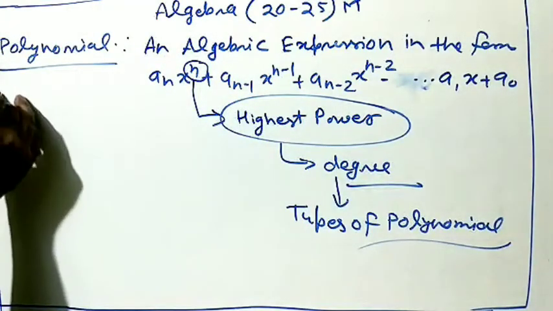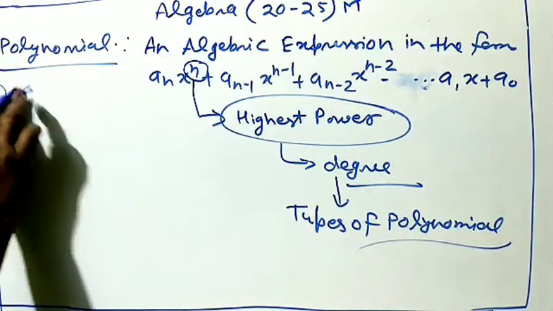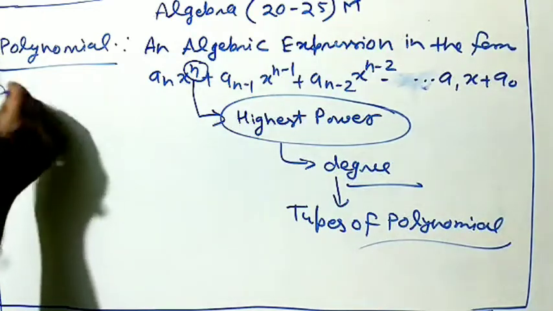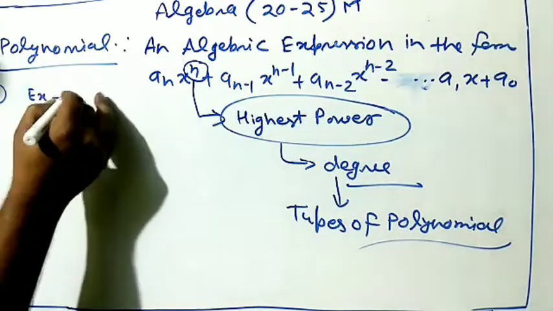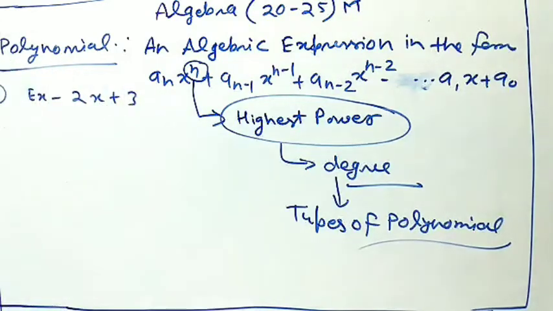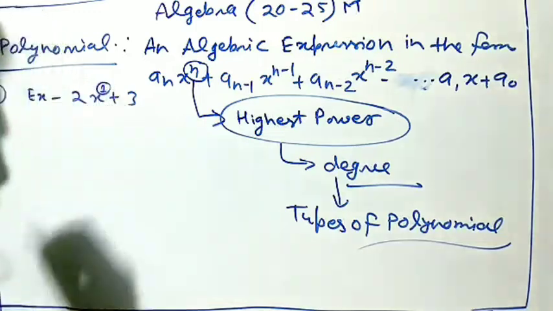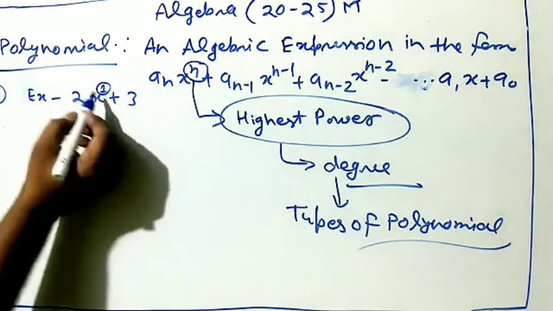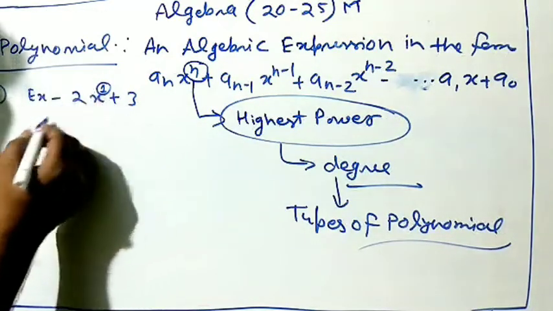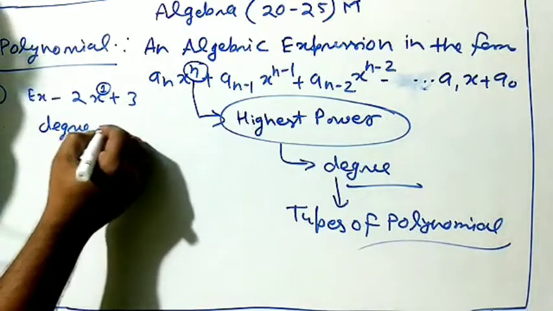Suppose first I am taking the example 2x plus 3. In this equation, the x power is 1, which means the highest power is 1. The highest power is called degree, and degree is equal to 1.